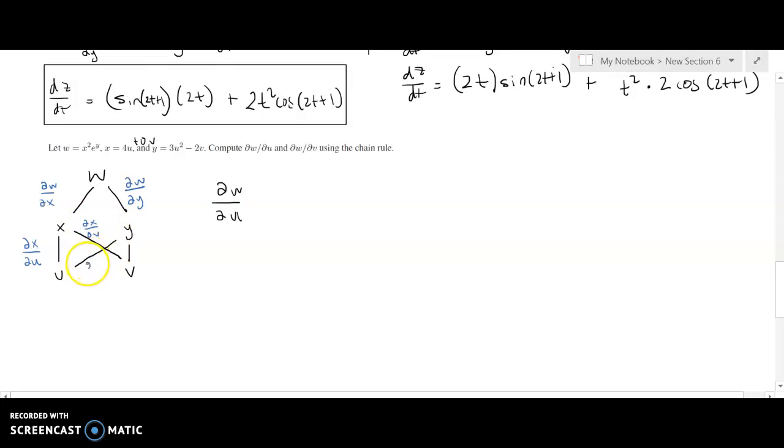This chain here will be dy/du, that's y connected to u, and dy/dv. So we can follow along the chain to compute what we want.